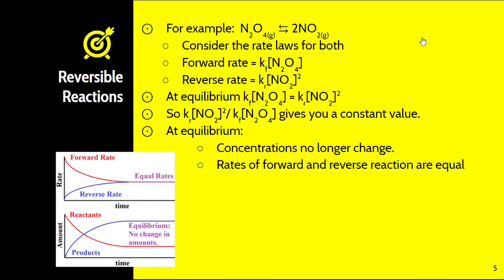But the rates of the reaction going forward and reverse are equal. And the diagram to the left shows this really well. The forward rate and the reverse rate of the reaction eventually become equal to one another. That is equilibrium. The amount does not change either. However, they may not necessarily be the same. It depends on the equilibrium constant and whether the reaction goes completely towards products or only some of it towards the products.